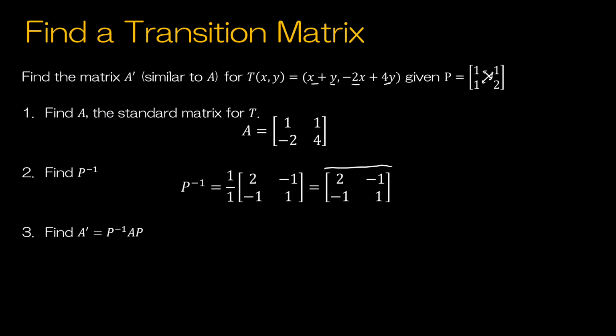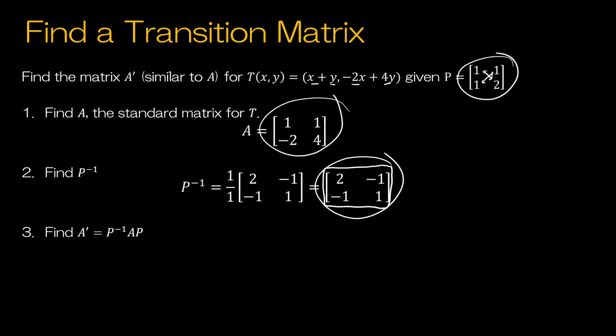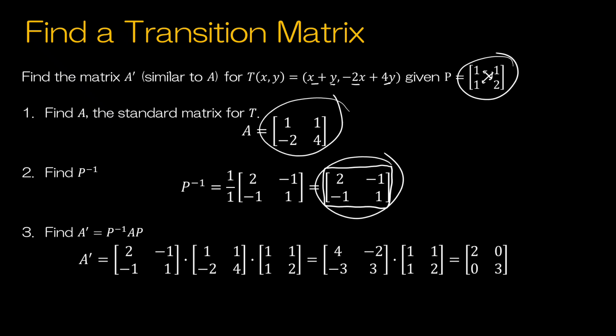And that gives me P inverse. And then I'm going to find A prime, which is P inverse AP. And of course, just use technology to do the math. And I end up with 2, 0, 0, 3. And again, notice that this is a diagonal matrix.